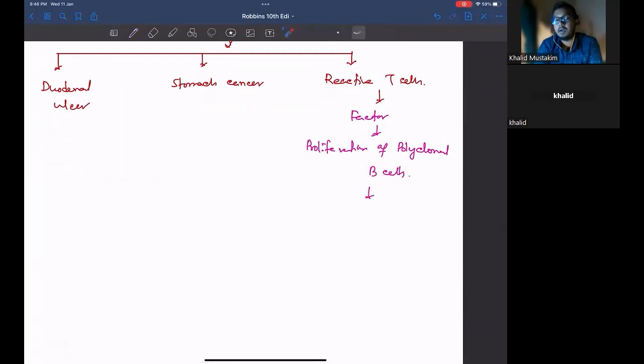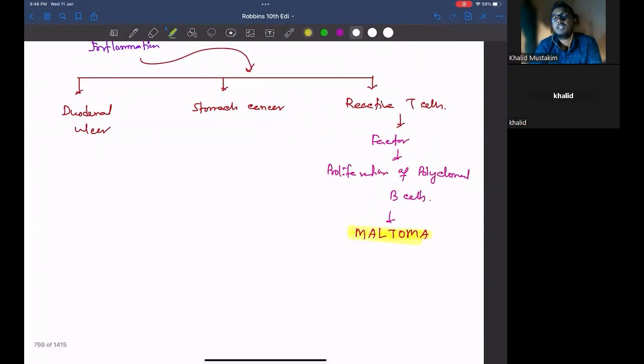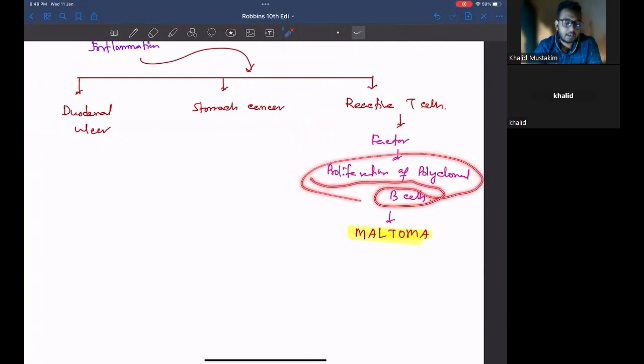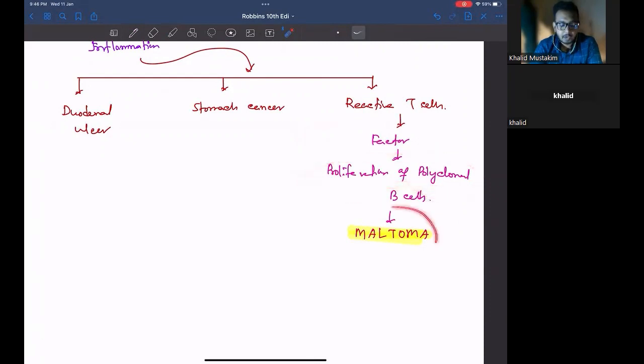You must have heard the word which I am going to tell you now: proliferation of polyclonal B cells means the patient is having MALToma. What? MALToma. So your teacher might ask you, tell me what is MALToma. The answer is that proliferation of polyclonal B cells is called MALToma. Why does it occur?